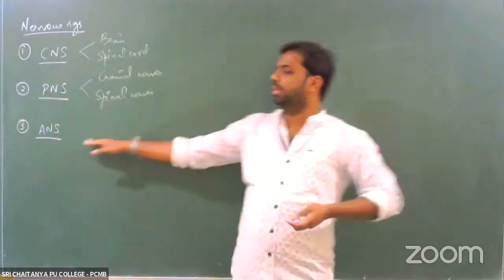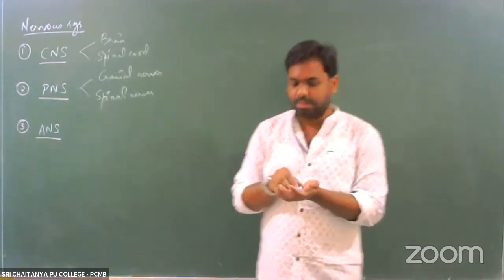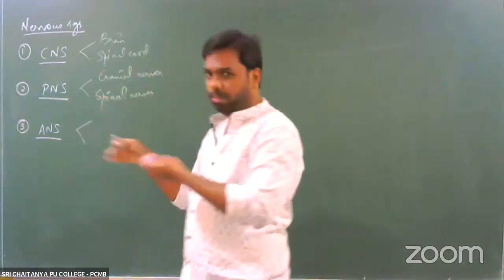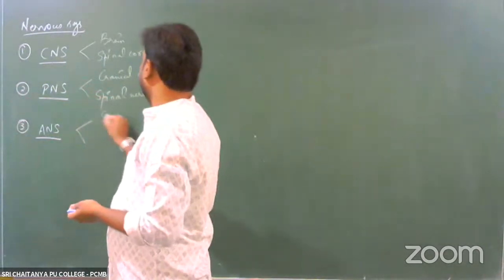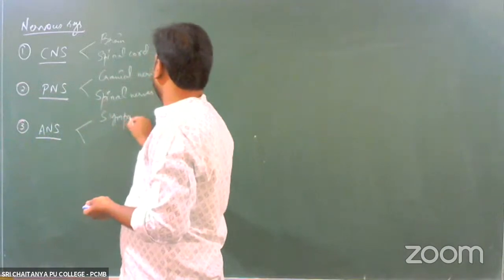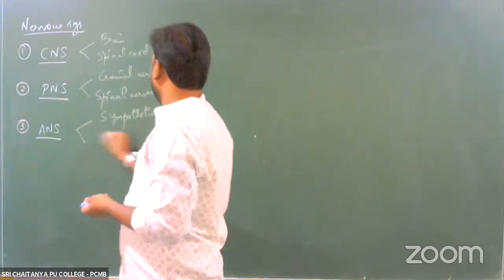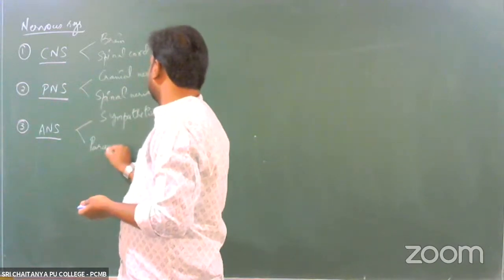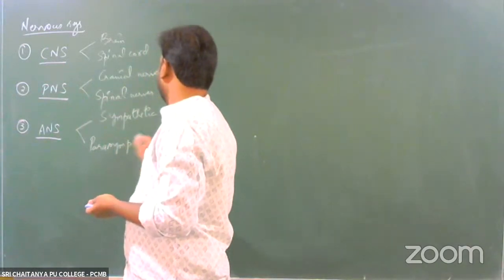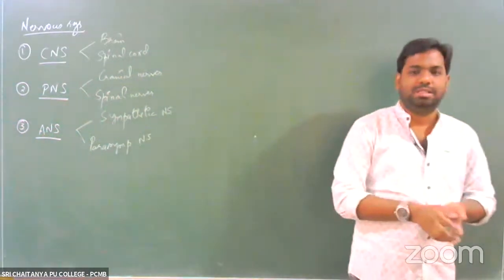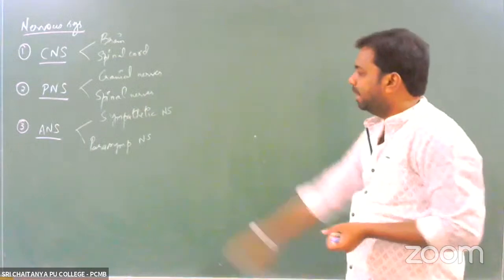Now, talking about the autonomic nervous system or the ANS. Okay, ANS has two important components. One is called the sympathetic nervous system. And the second one would be the parasympathetic nervous system. Right? So two components of the autonomic nervous system: sympathetic nervous system and parasympathetic nervous system.